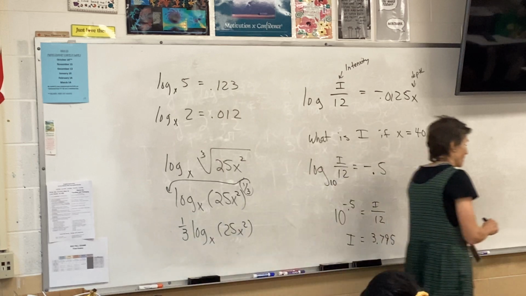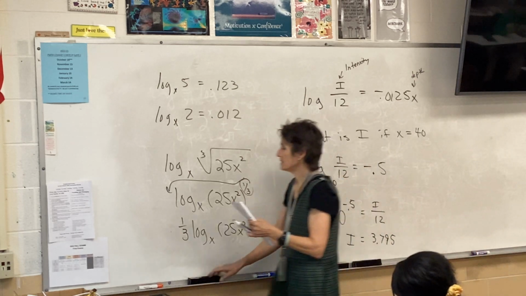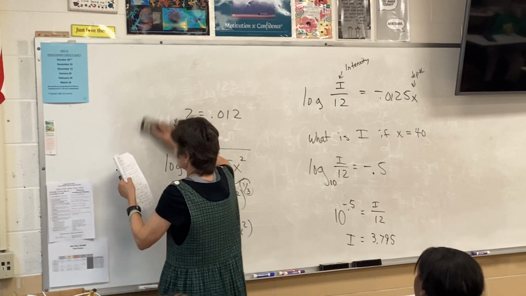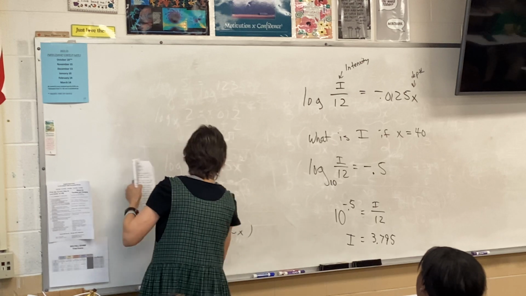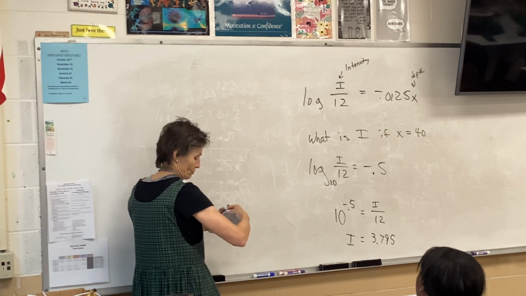Katie? Is there another one like the one we just did? Chip numbers. Which one? 15. 15 says, this is on a different sheet. It's on the review number 2.